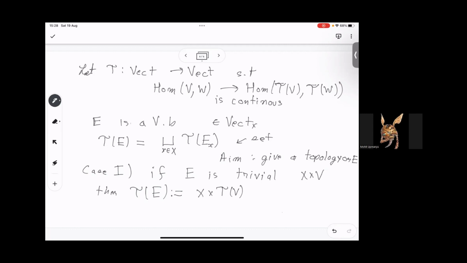Right? More importantly, what we're really trying to do is extend the functor. By that we mean if I have a morphism between E and F, I want to extend that to a morphism between TE to TF.